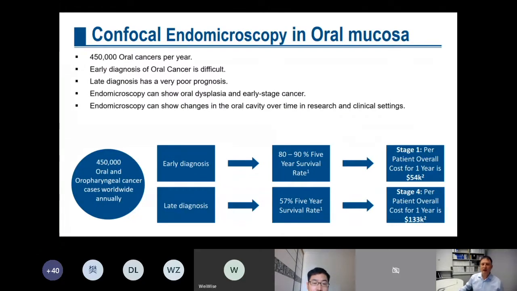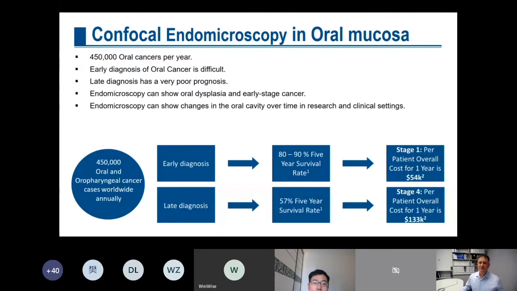Globally, there are nearly 500,000 new oral cancers diagnosed per year. Many of these cancers develop from lesions in the mouth. These lesions are seen in about 5% of the population, and around 3 to 5% of those lesions will become cancer.